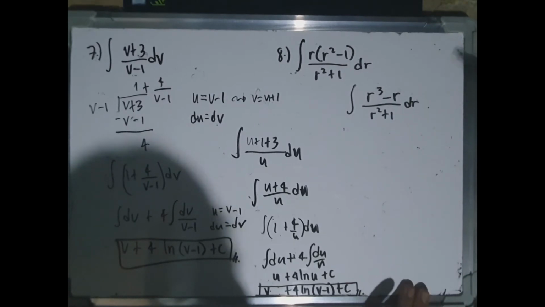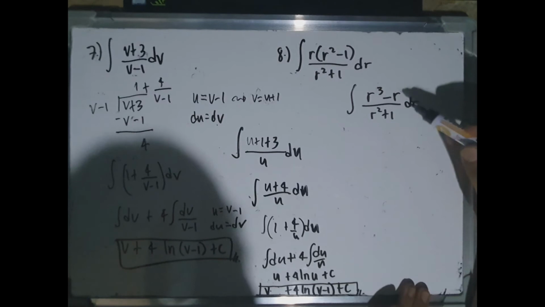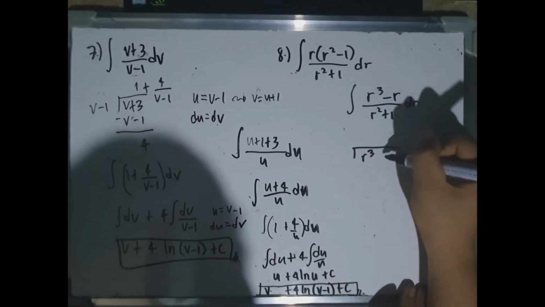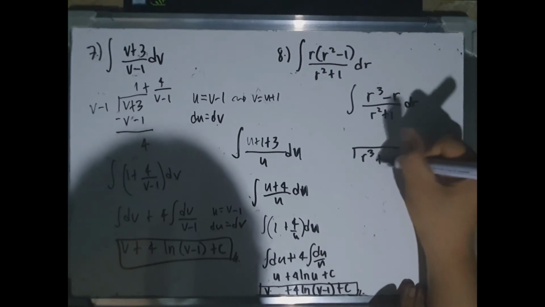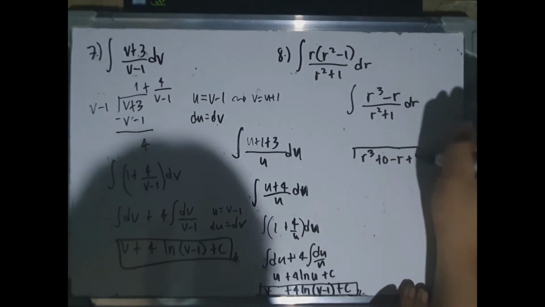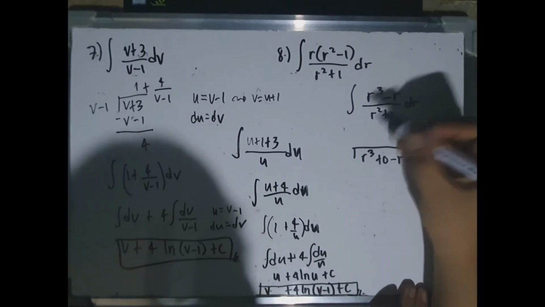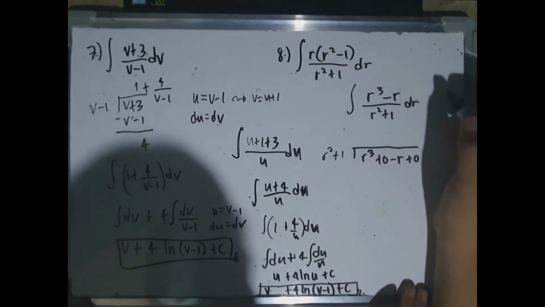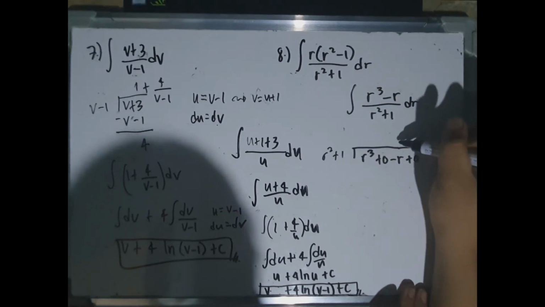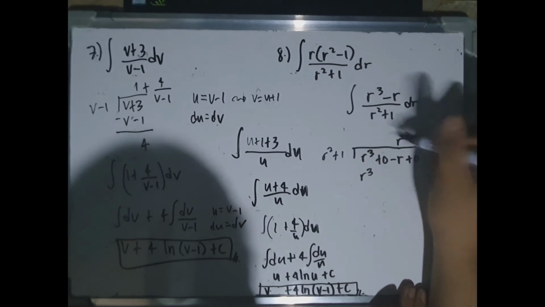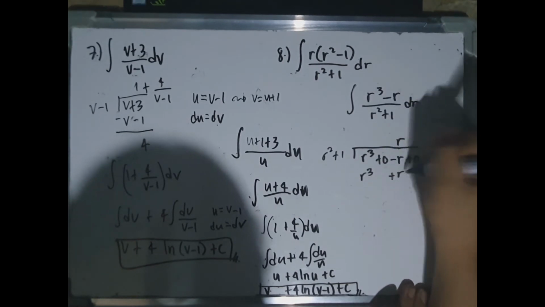In our previous video, we tried to simplify this first by dividing. We have r cubed, plus 0 for the r squared, minus r, plus 0 for the constant, divided by r squared plus 1. So we shall multiply by r to have r cubed, and we have plus r.